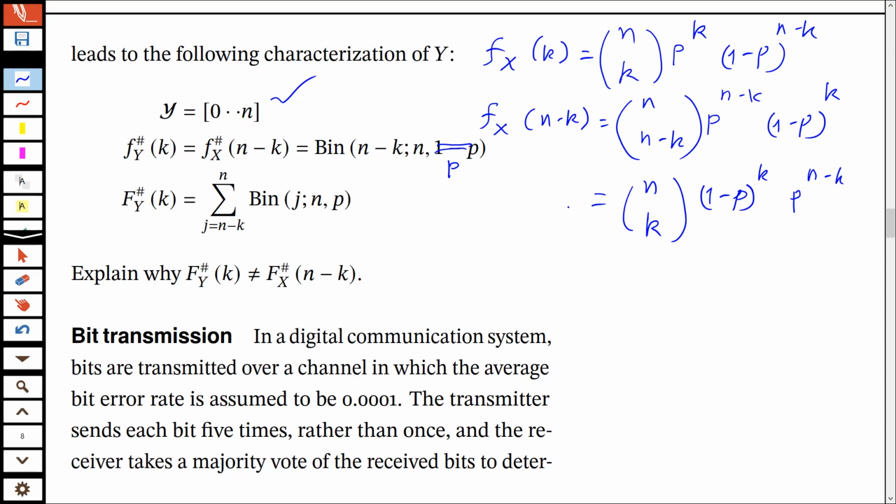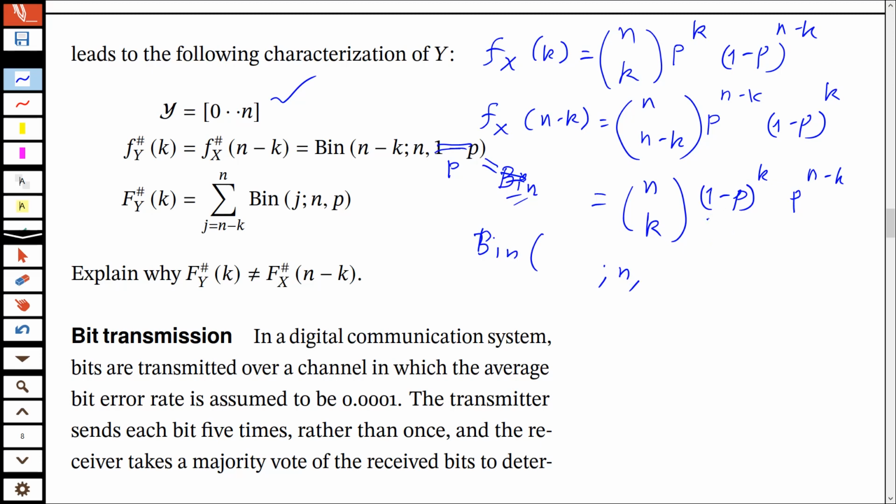So this can be written as the PDF of a binomial distribution, and still the number of trials n.